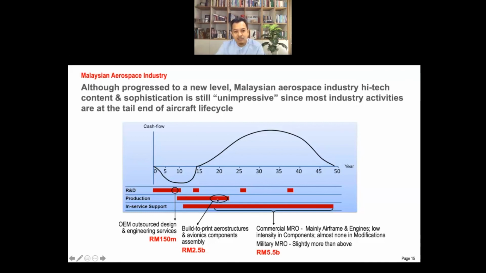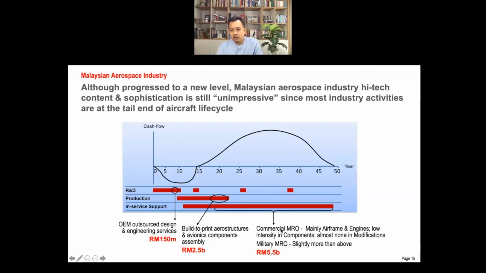Okay, and then in terms of production, built to print aerostructures, we do not do complex structures. CTRM, Spirit Aero, ACM, and many small players are only doing less complex components. Built to print aerostructure and avionics component assembly, not major complex structures, and it's already worth 2.5 billion.